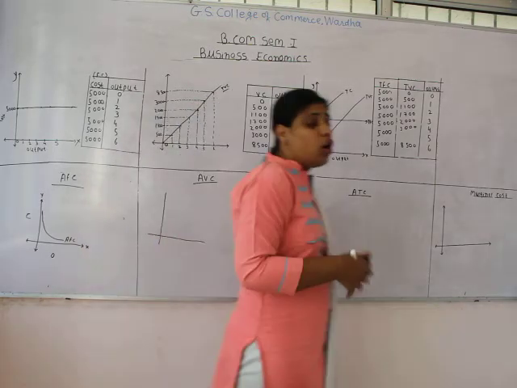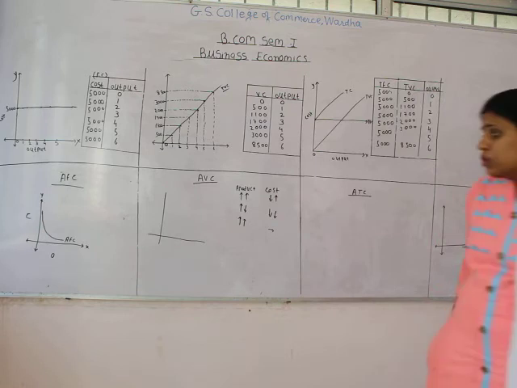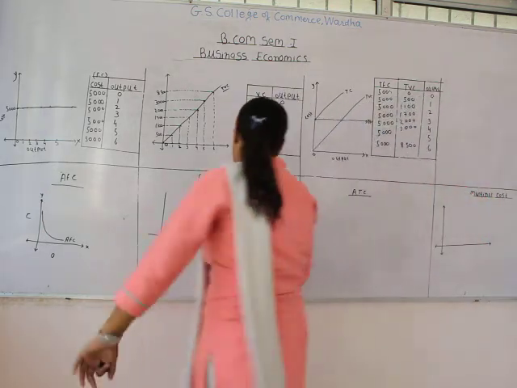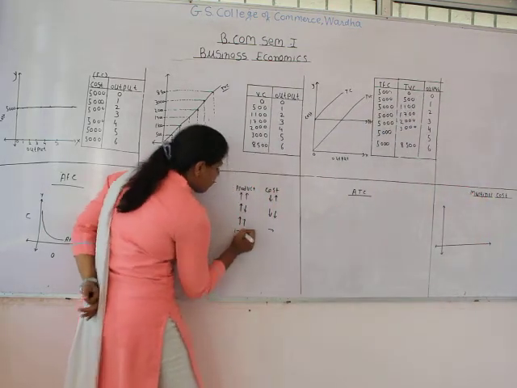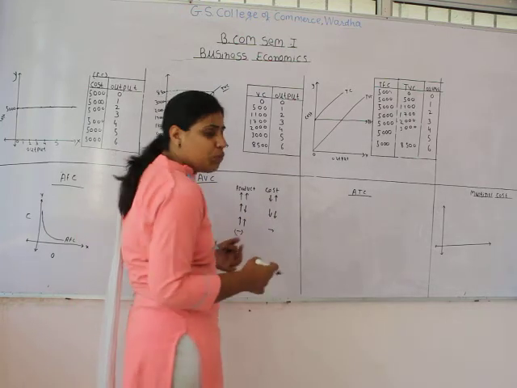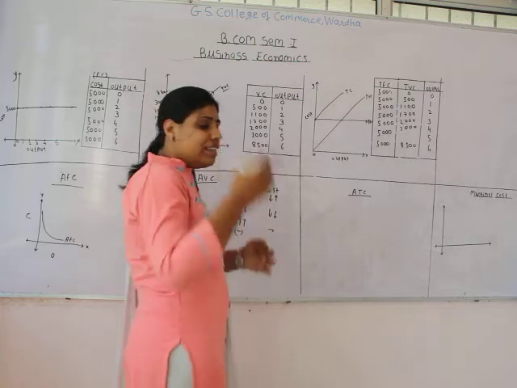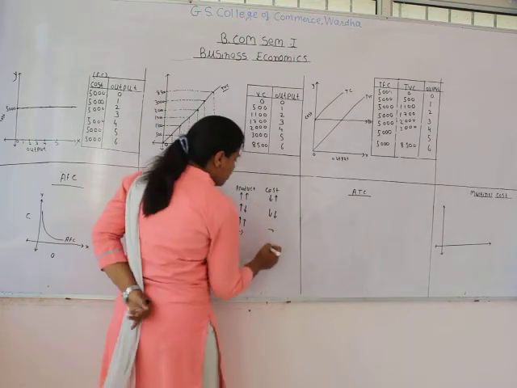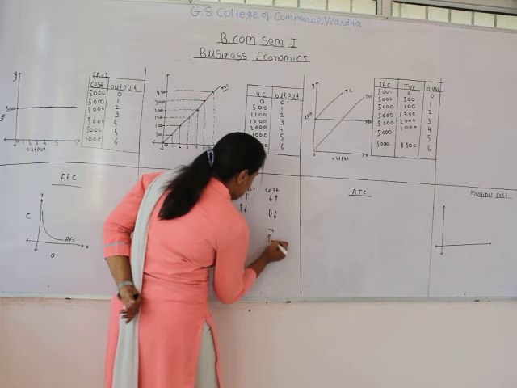Even though you haven't stopped putting input in the production process, you will get negative production, meaning that even after putting in inputs, your output will not increase, rather it will decline. In this case, you will find that cost is increasing.